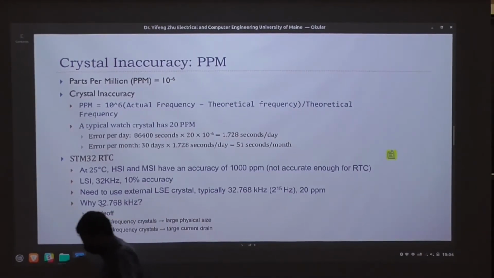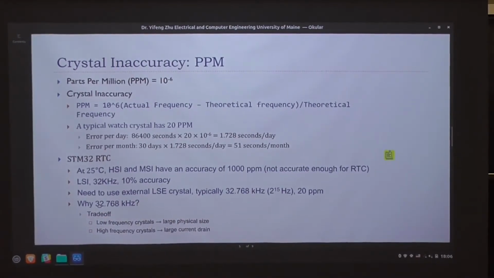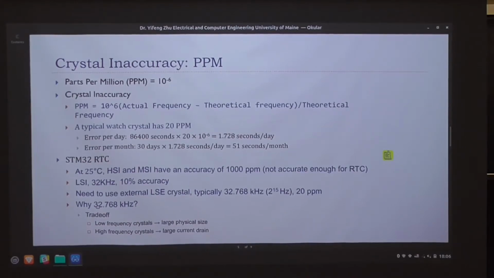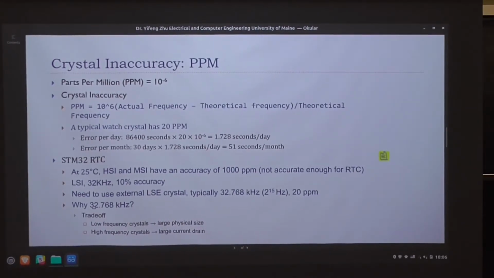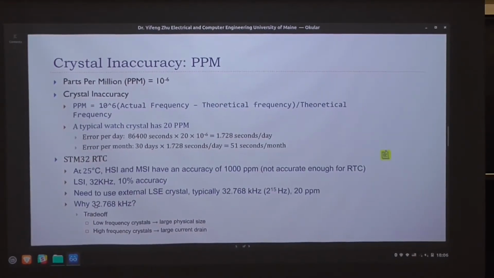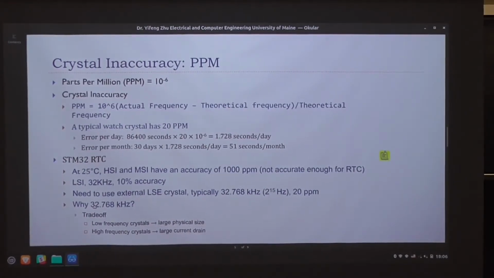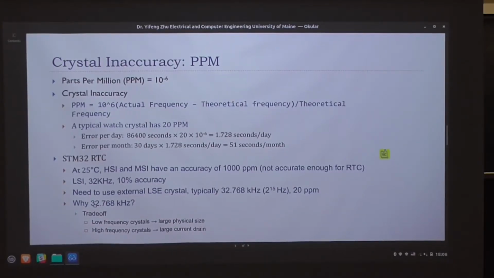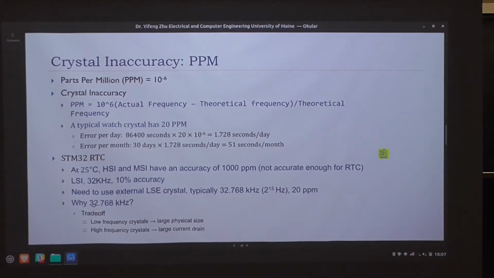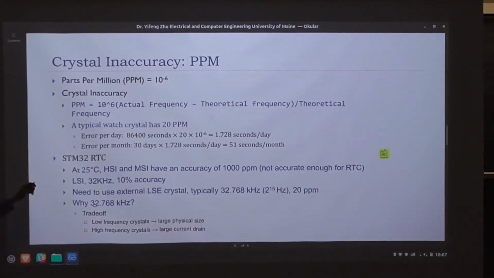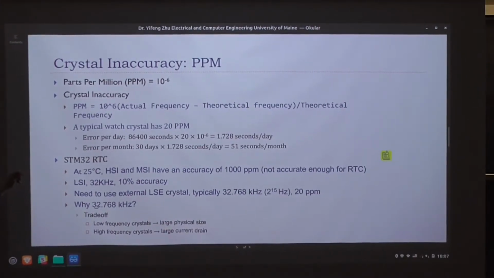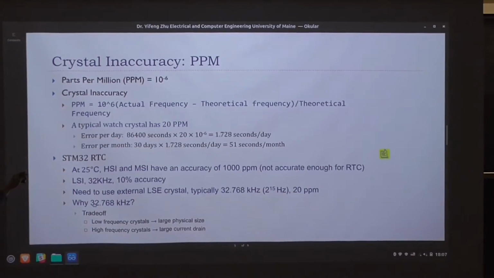Arsenic is deadly at X number of parts per million, that kind of thing. I don't know why they're using it here, but essentially the parts per million on an oscillator is the number of clock skips you can expect per million clock ticks. It's essentially your actual frequency, minus your theoretical frequency, divided by your theoretical frequency.